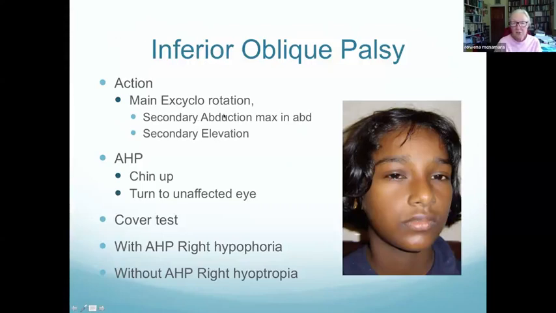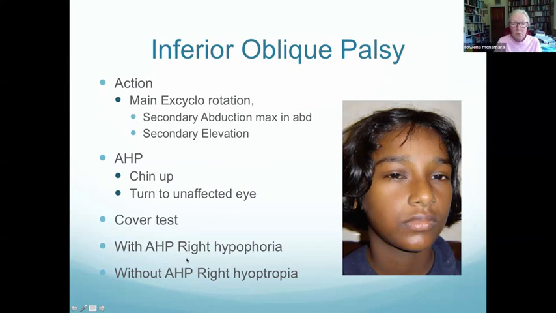So the main action is torsion, but it becomes quite a significant elevator when the eye is adducted. So in this case, the child doesn't have a ptosis because the lids look the same level, but they have put their chin up and they've turned their head in order to avoid the area where the inferior oblique is not working.